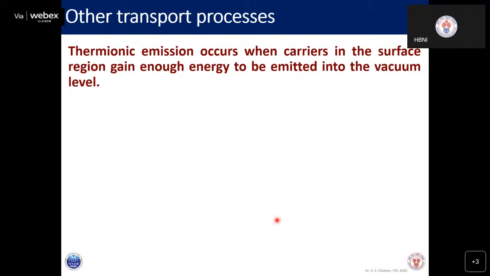Emitted out means, as far as the energy level diagram is concerned, they have gone into vacuum. This usually happens when the thermal energy is very high.